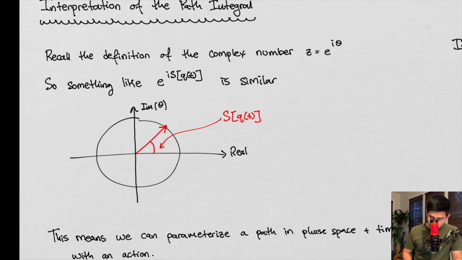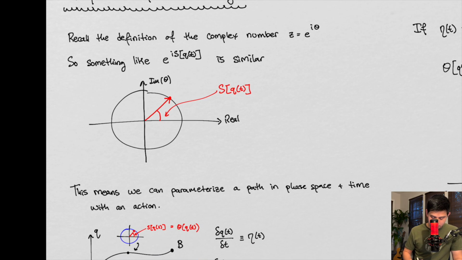Taking direct analogy from a complex number, z equals e to the i theta, we have e to the i action, where the action itself can be thought of as an angle in this imaginary space. So the action here is this angle, if you will, along an axis.